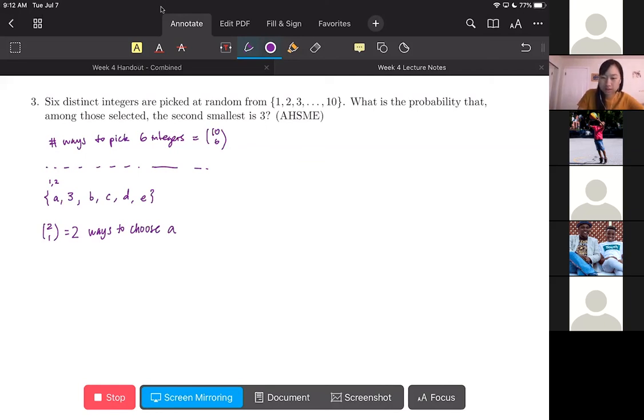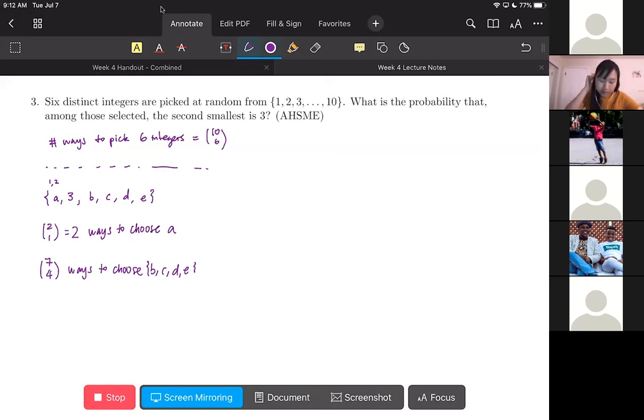How many ways are there to choose B, C, D, and E? Would it be 7 choose 4? Yeah, can you explain to everyone why that is? Because 10 minus 3 is 7. That is all the numbers after 3 within the set 1 through 10. And since you're only going to choose 4 of that, since you already have the first 2, it's going to be 7 choose 4.